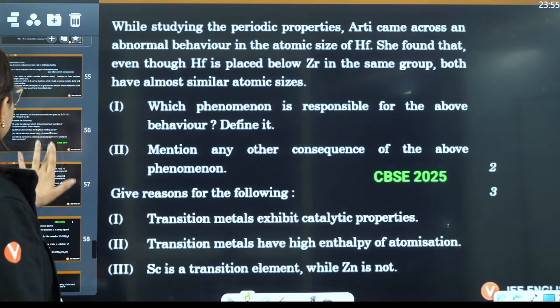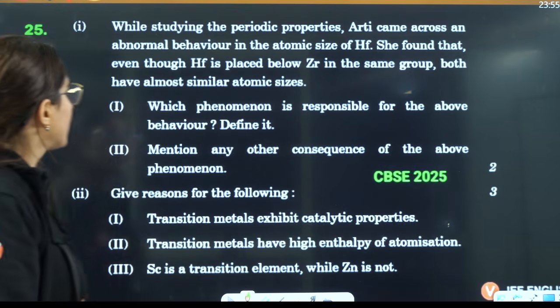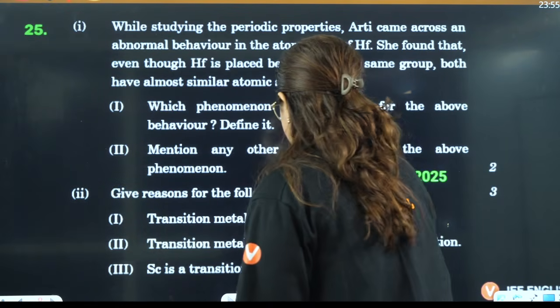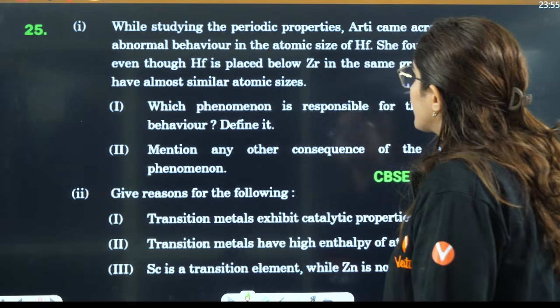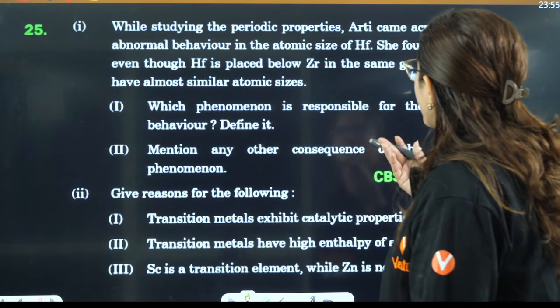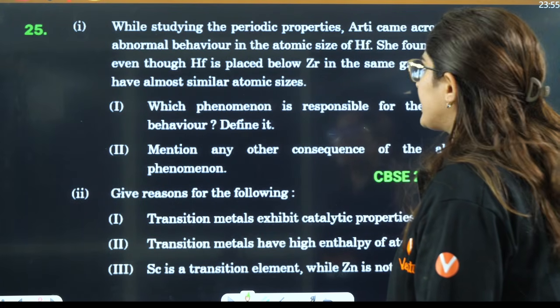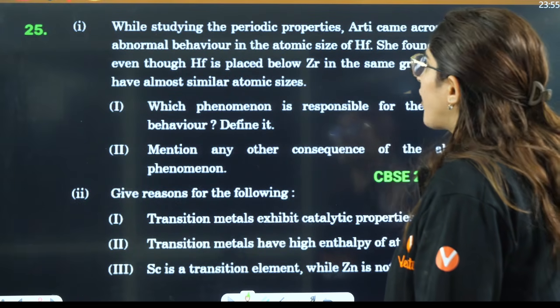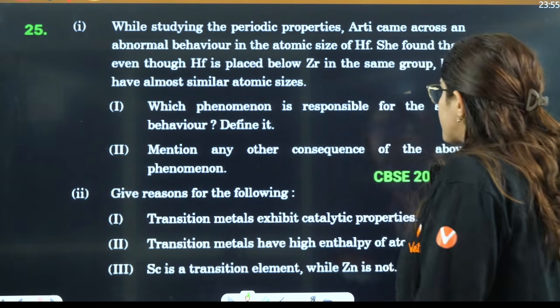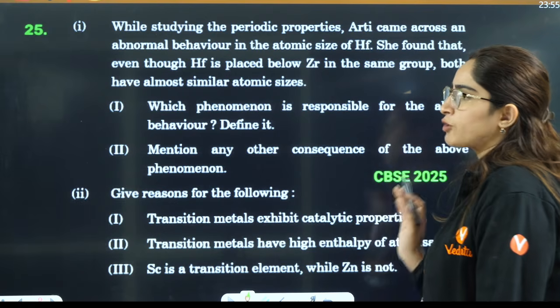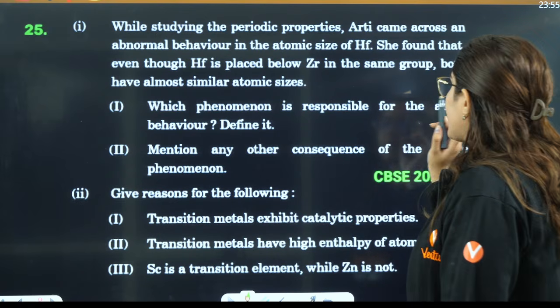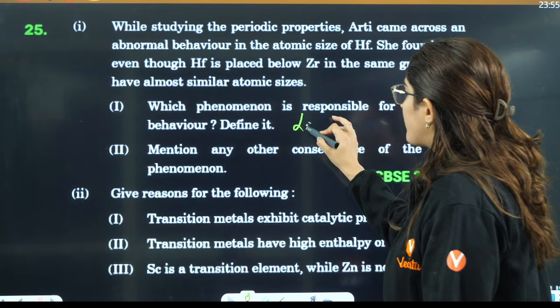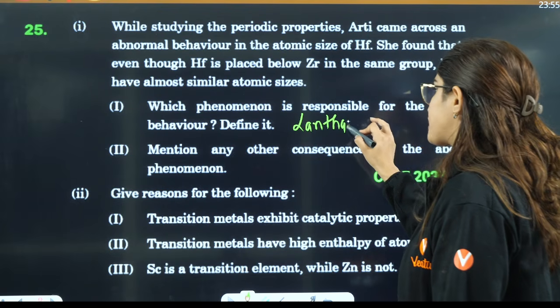Okay. Next question is, while studying periodic properties, Aarti came across abnormal behavior of hafnium. She found that even though hafnium is placed after zirconium, it has a similar atomic size. Which phenomenon is responsible for that? The phenomenon is lanthanoid contraction.